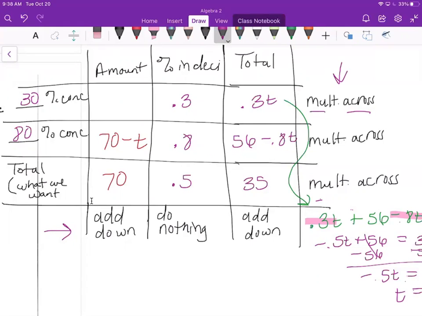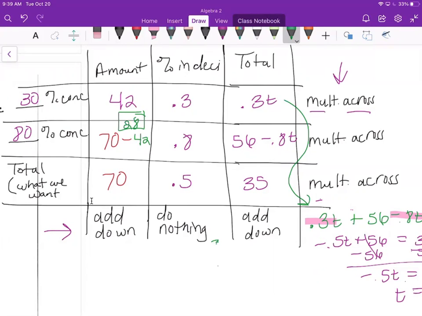To solve for the 80% concentration, we replace our T with 42, and we subtract. 70 minus 42 is going to give us 28 liters of our 80% concentration. And that is how to solve one of these concentration type problems.